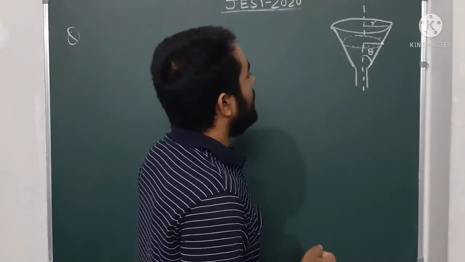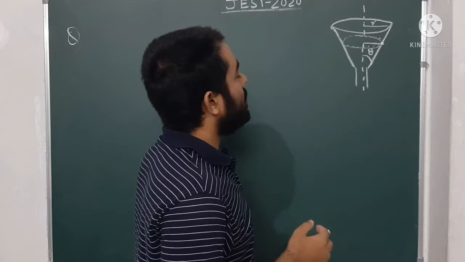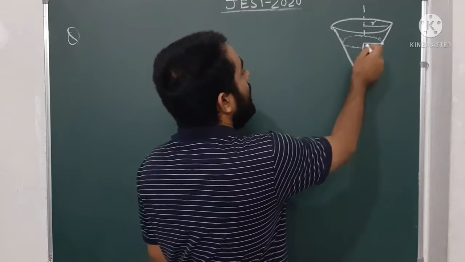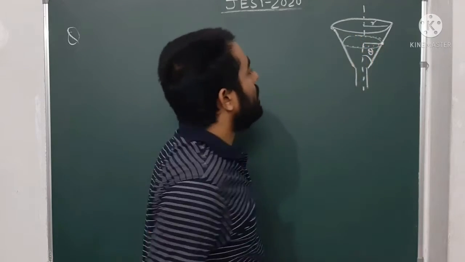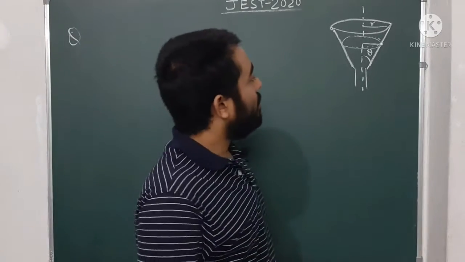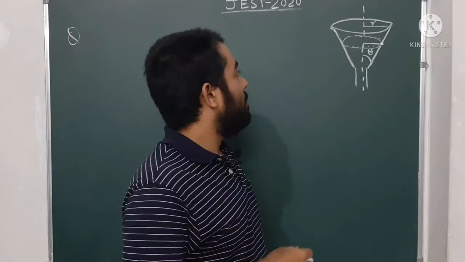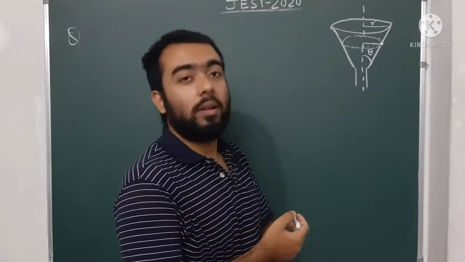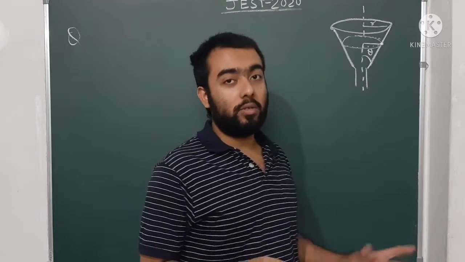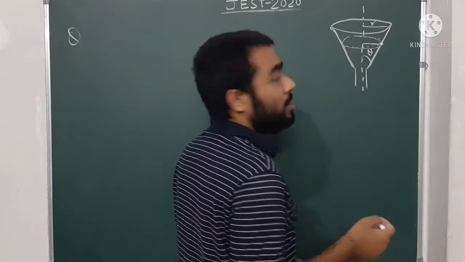That means they asked about the condition so that the particle maintains this kind of motion. You can solve this problem by Lagrange's equation of motion also, but you can solve it at +2 level, which is simpler.